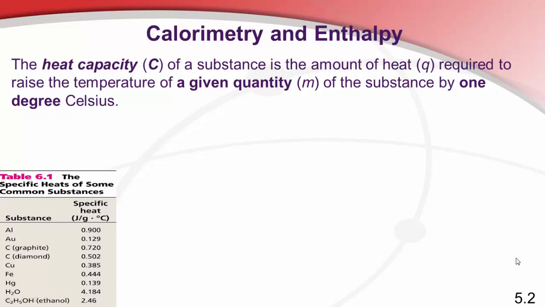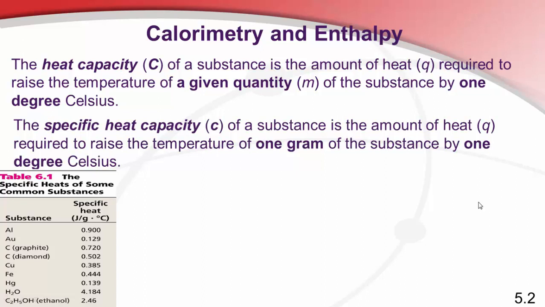So first off, a quick definition so that you'll have this handy for tests and such. The heat capacity of a substance is the amount of heat, Q, required to raise the temperature of a given quantity of the substance by 1 degree Celsius. So this is specific to the size of the item that's being warmed up.